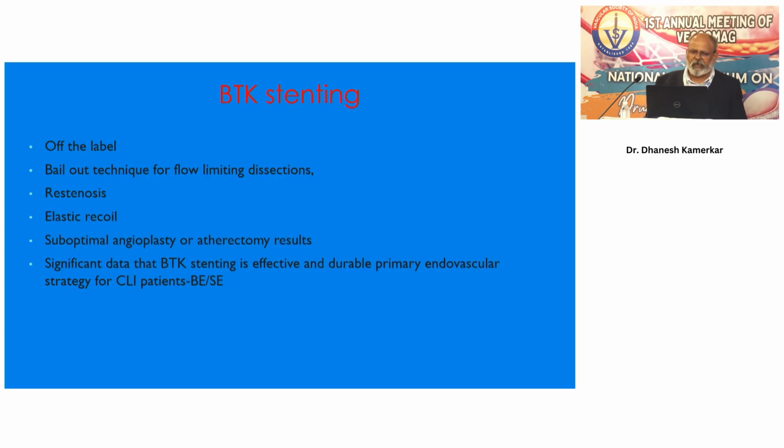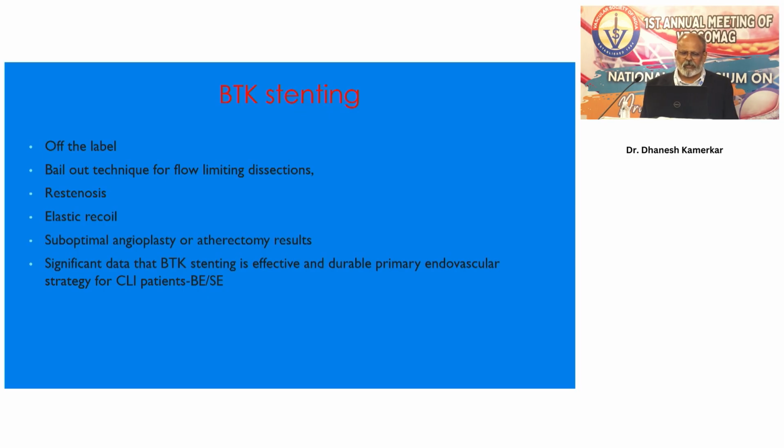When we look at BTK stenting, generally it's considered off-label use, and it's a bailout technique for flow-limiting dissections after the angioplasty, or if there's a restenosis or recoil after balloon, or if there's suboptimal angioplasty or atherectomy results, then one could think of doing localized below-the-knee stenting.